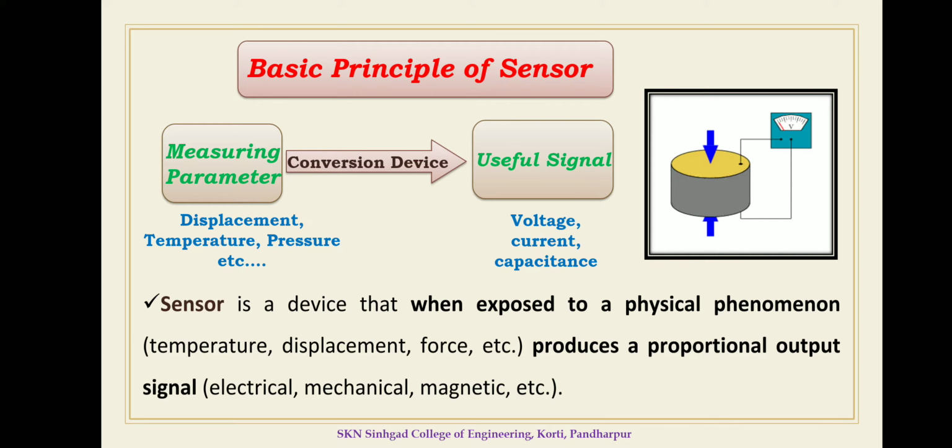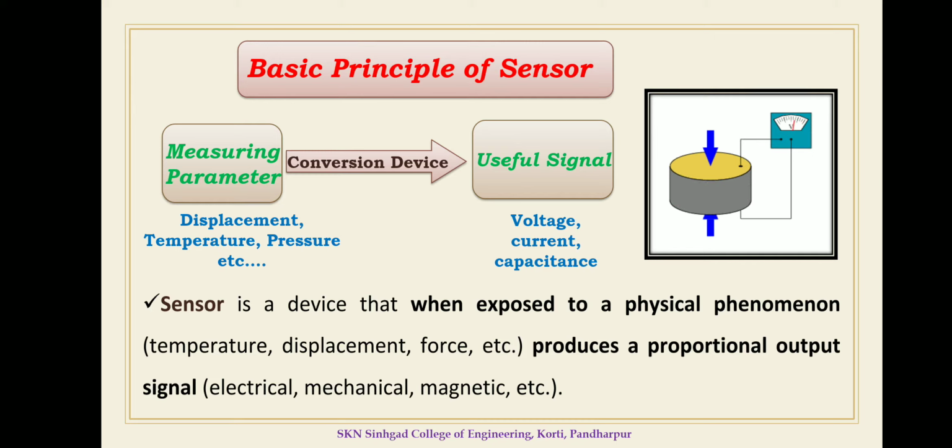There are different characteristics of sensor like range, response, sensitivity, accuracy, linearity. First characteristic, range. Range is the maximum and minimum change in input signal to which the sensor can respond. The sensor should have wide operating range.